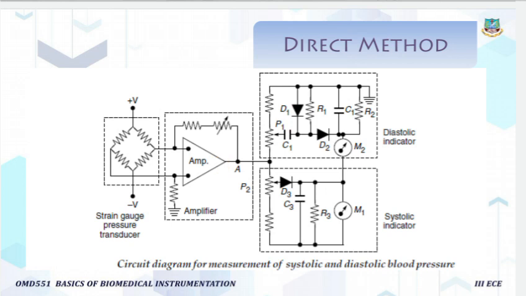If the output of the amplifier has a positive going pulse, then D3 will be on, and the capacitor C3 will be charging up to the peak value.